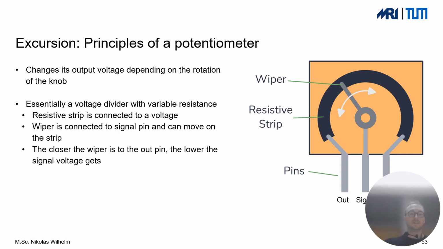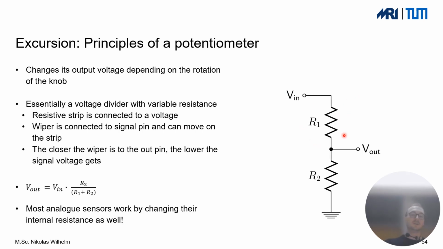And this in the end works similarly to a voltage divider. If you pick your output voltage in between, you will see that it changes depending on the resistances you use here, according to this formula. Let's follow along this formula.